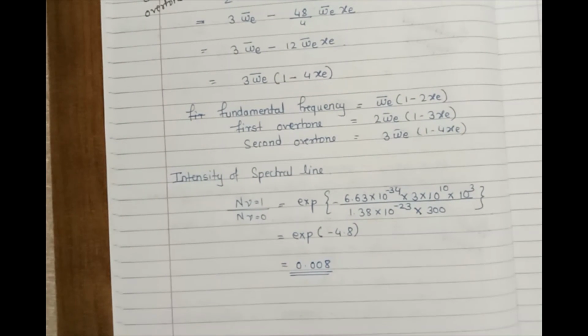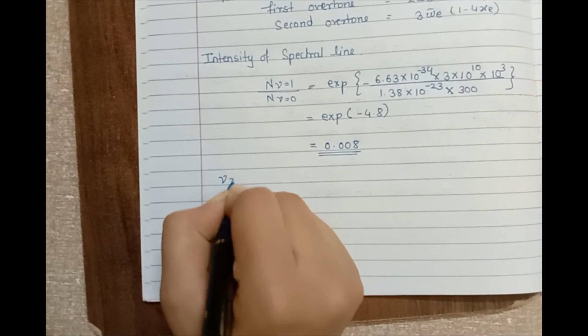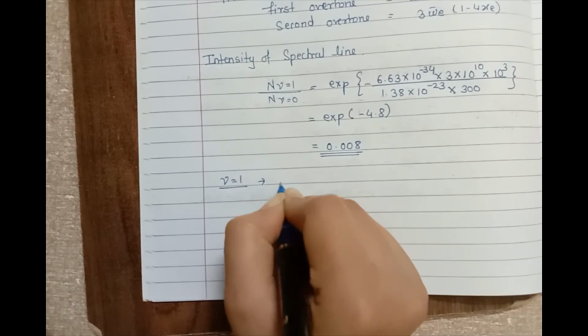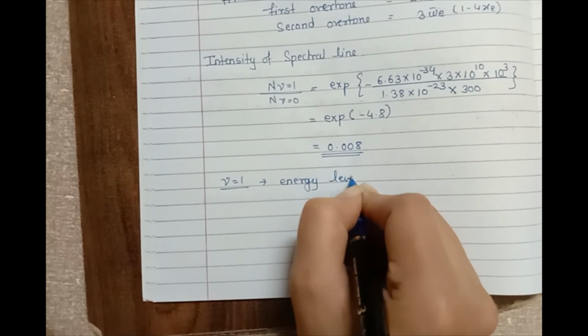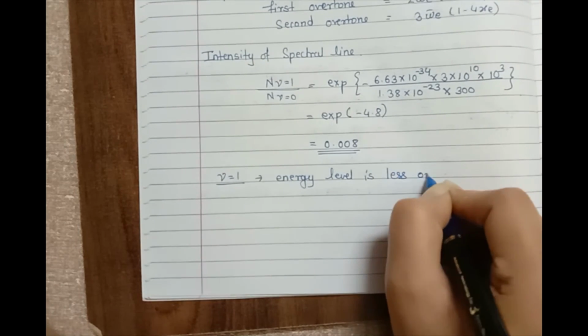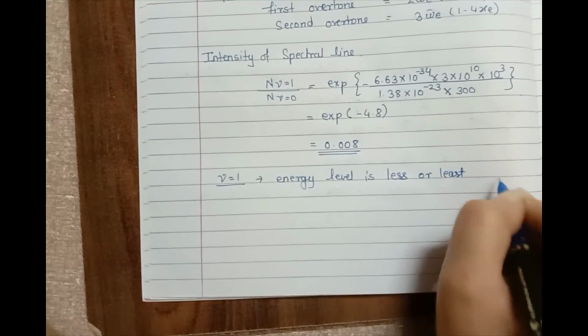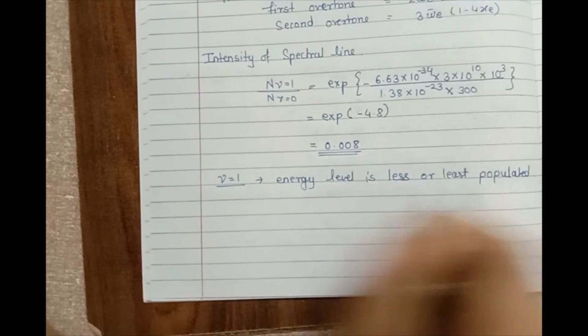So this shows that the nu is equal to 1 energy level is the least populated.